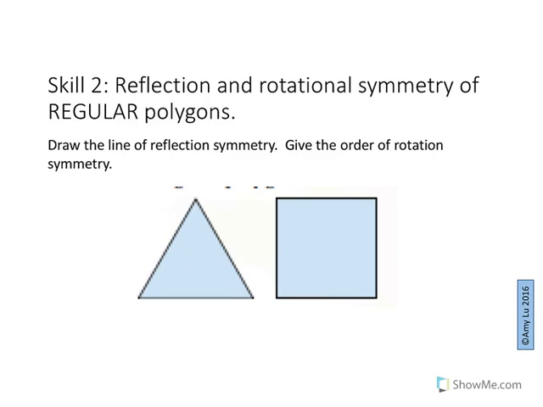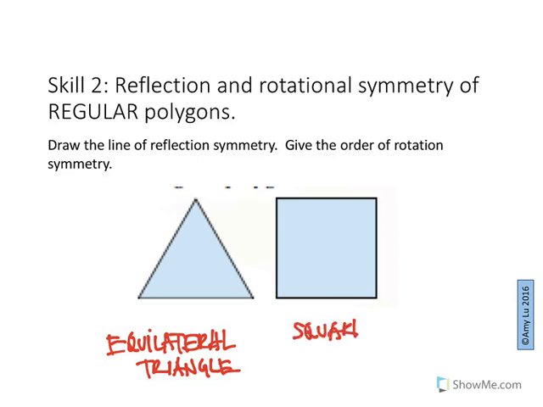So a regular polygon that has 3 sides is called an equilateral triangle. And a quadrilateral that is considered a regular polygon is called a square. So now we have to find the lines of reflection symmetry.